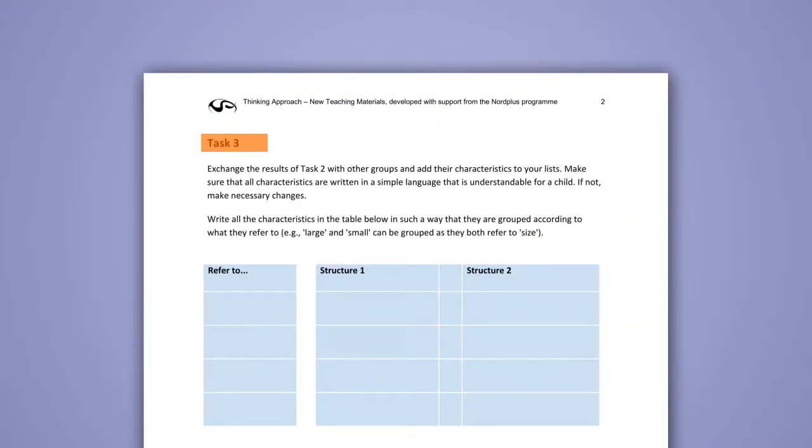In task 3, students continue working on their descriptions and try to make them more organized by defining parameters according to which the structures can be described. For this, one of the characteristics of a structure has to be matched with the characteristics of another structure, and the reason for the match, or a parameter, is to be established.